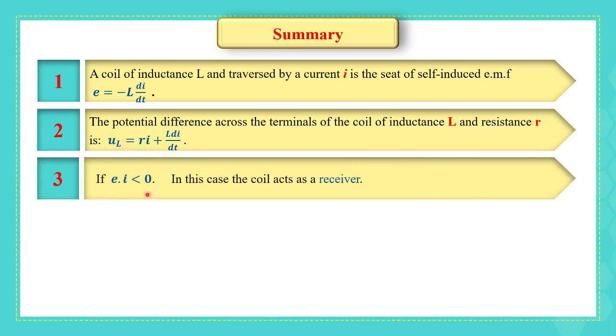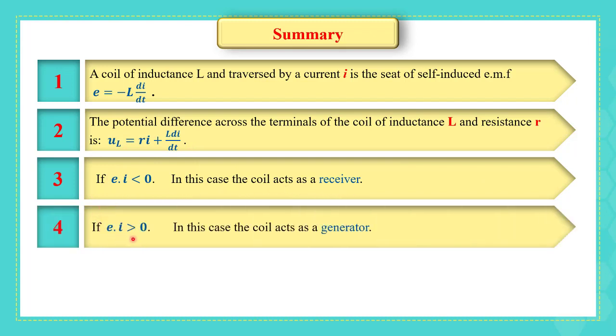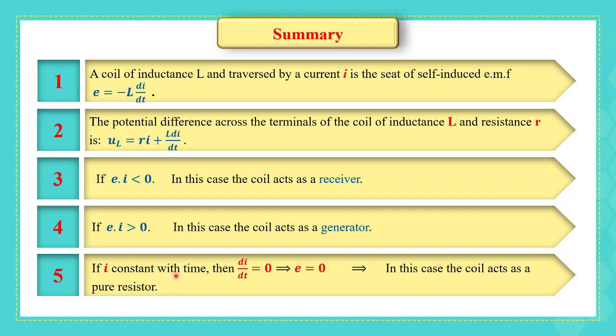If e times i is less than 0, the coil acts as a receiver, while if e times i is greater than 0, the coil acts as a generator. If i is constant with time, then di over dt equals 0 and e equals 0, so in this case the coil acts as a pure resistor.